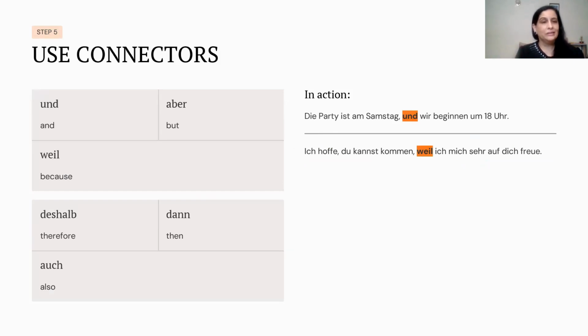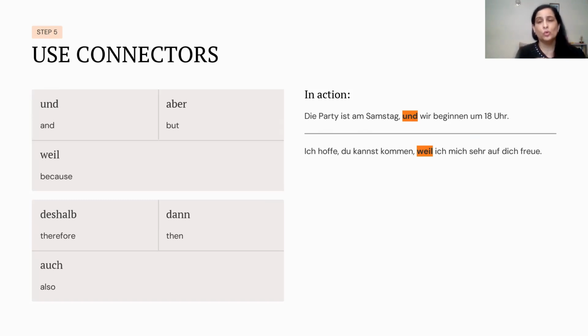Now you can add some connectors in between, like und is and, aber is but, weil is because, deshalb is therefore, dann is then, and auch is also. So your writing will look natural, adding these connectors. For example: Die Party ist am Samstag und wir beginnen um 18 Uhr.